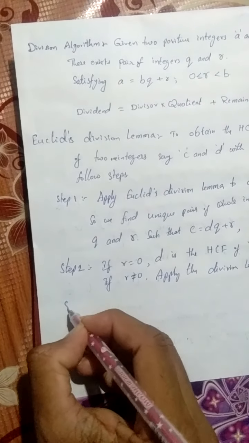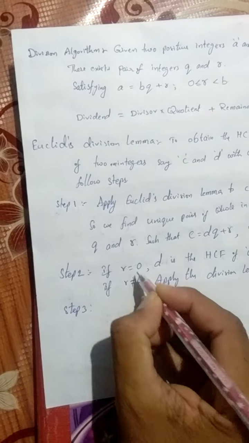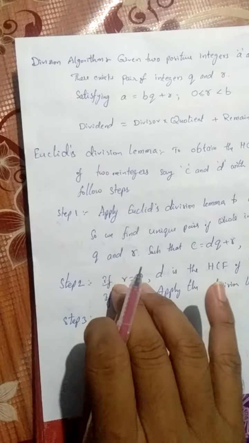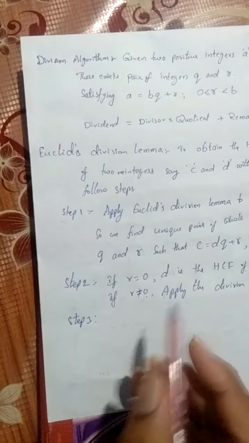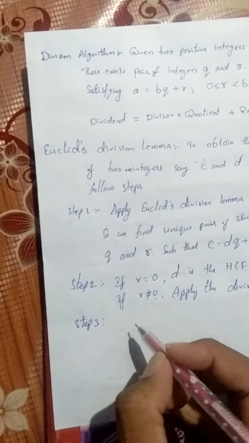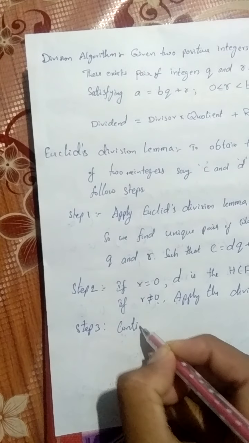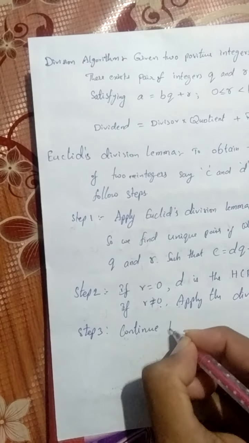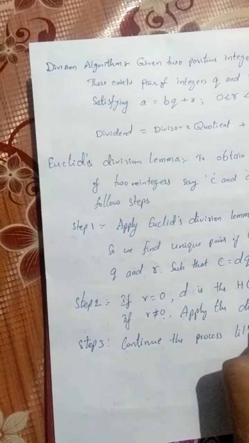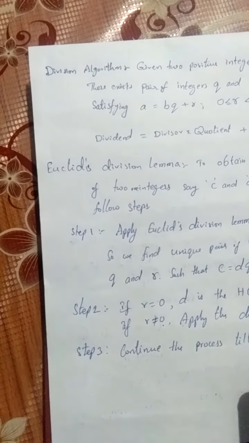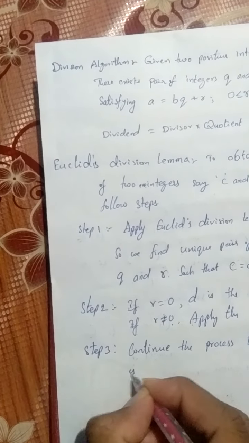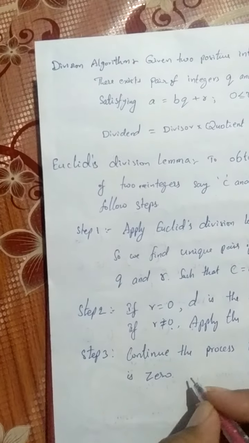Step 3: if r is not 0, go to step 3. If r equals 0, d is the HCF. So continue the process whenever r is not equal to 0, until the remainder is 0.